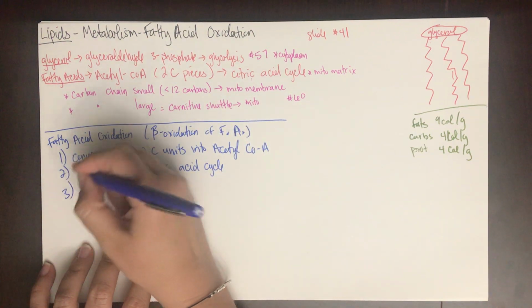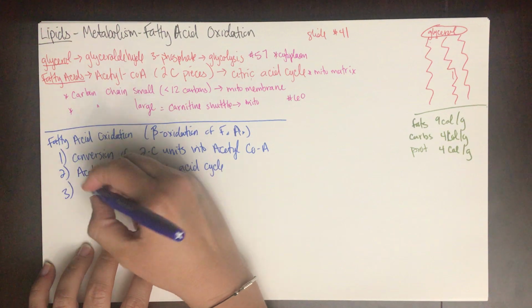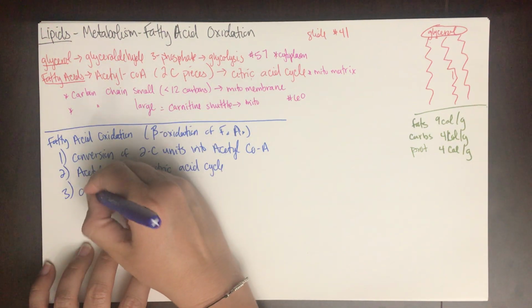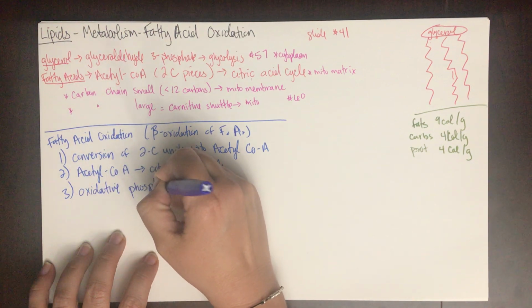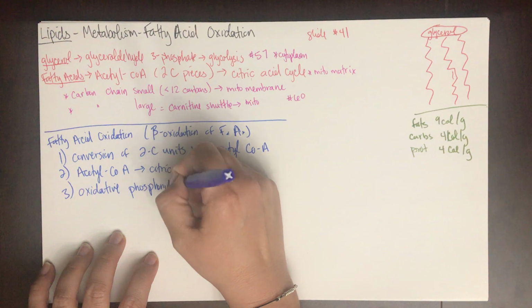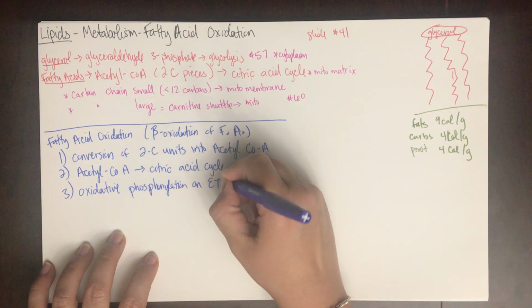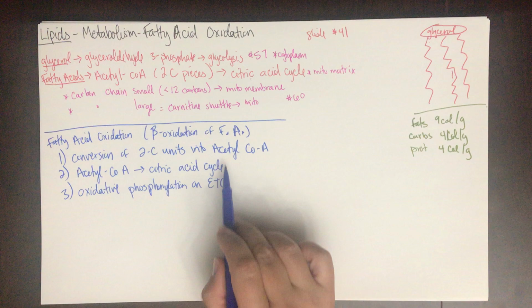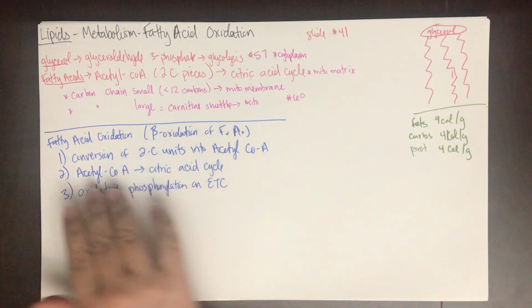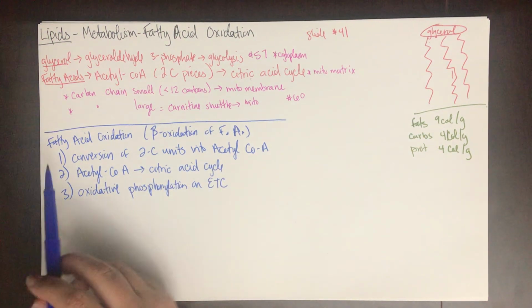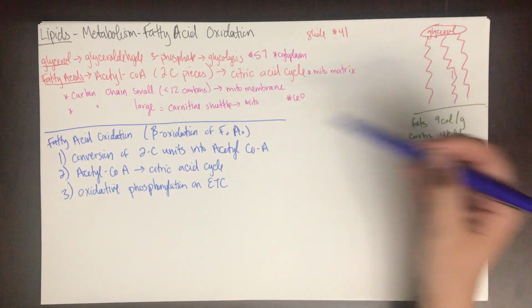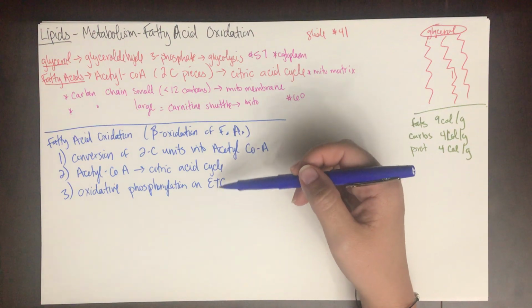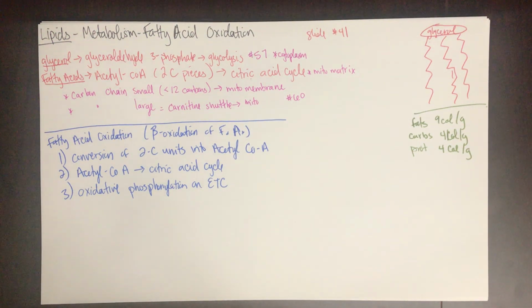And then the third step is going to be oxidative phosphorylation, on the electron transport chain of all of the intermediates that are made on the citric acid cycle. So really only step 1 is different. Step 1 is converting these 2 carbon pieces into acetyl-CoA. And then from step 2 and 3, it's just like we were in cellular respiration where we started with glycolysis.